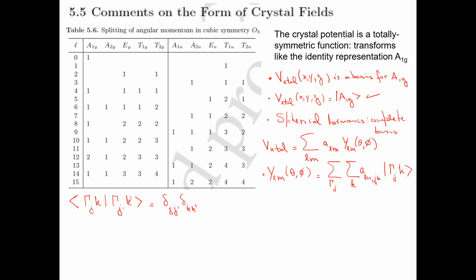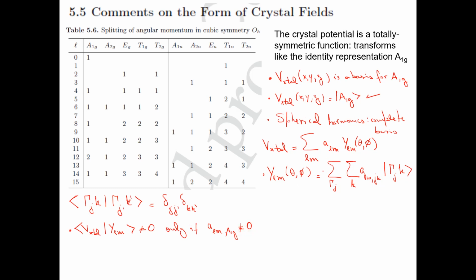If you look at this expansion now, and we try to see which components LM are going to be in the expansion of V crystal in spherical harmonics, by looking at these two results, we can see that if you take this scalar product, this is going to be different from 0 only if A_LM for A1G is different from 0.